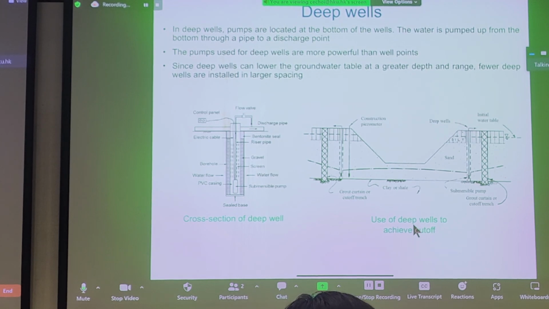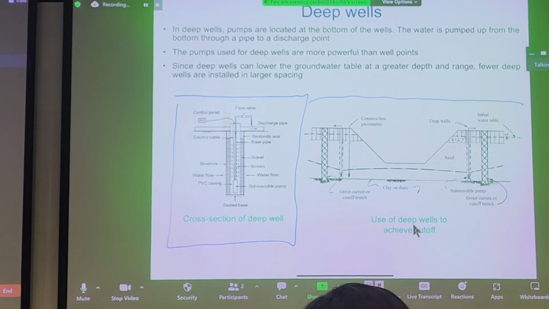So you can see this is a typical cross-section of a deep well. A deep well also needs a filter, right? Because once the fines get into your pump, then your pump will malfunction and cannot operate. So filtration is also used for deep wells as well. And you can see on this particular diagram there are 4 pumps here to suppress the groundwater table.